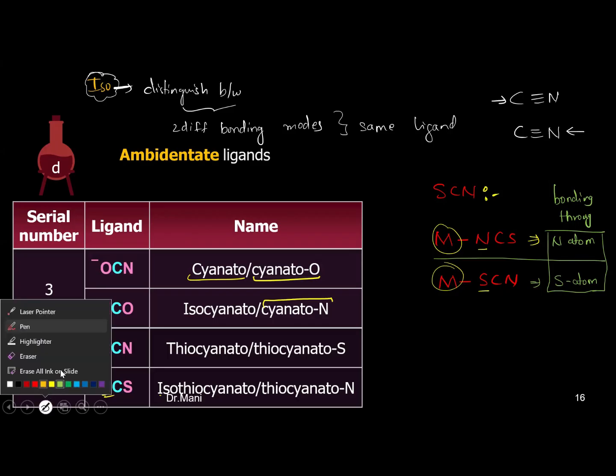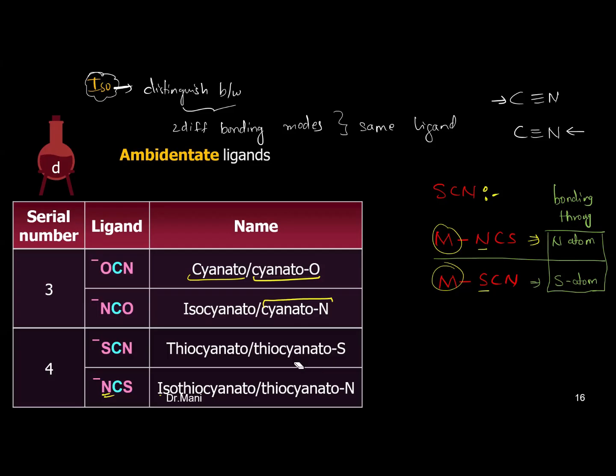Next, you can also use thiocyanato-κS or thiocyanato-κN. Thiocyanato-κS is when the bonding is happening through sulfur. Thiocyanato-κN you will use when the bonding is happening through nitrogen.